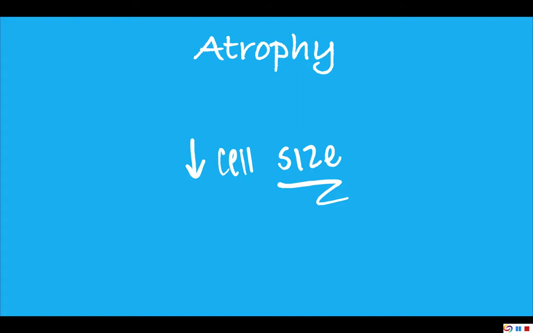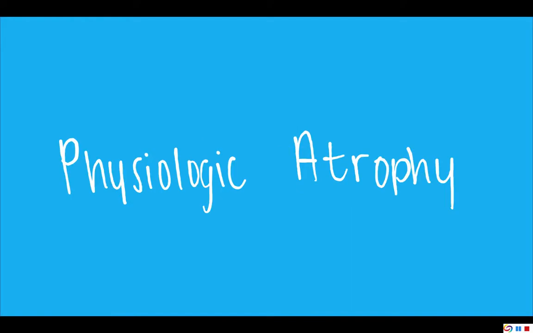So atrophy, similar to hypertrophy and hyperplasia, you can have physiologic atrophy and you can have pathologic atrophy. Physiologic atrophy is just a normal physiologic response where a tissue is going to get smaller, so the individual cells are getting smaller. A good example of this is after a woman gives birth, her uterus will go back to normal size.